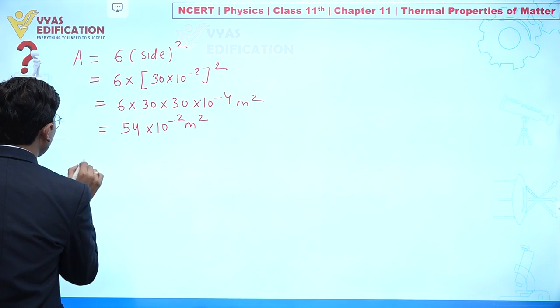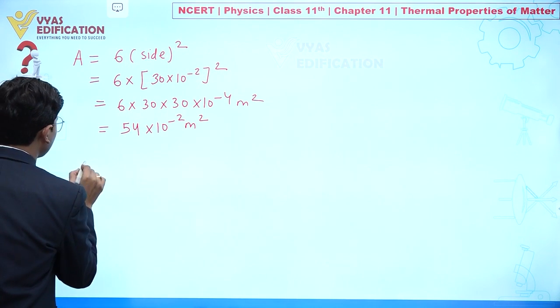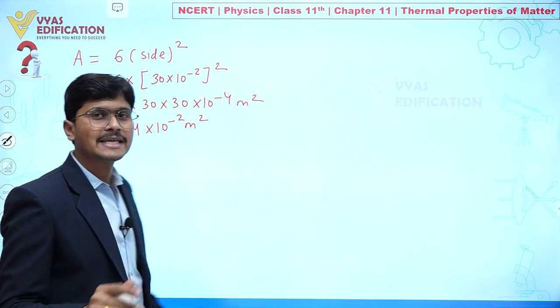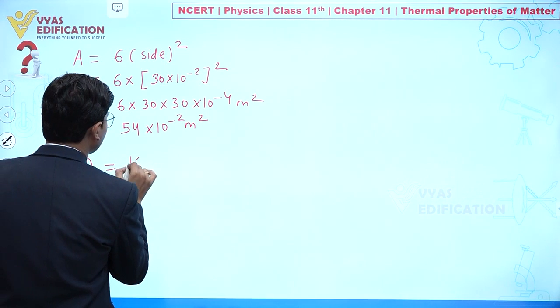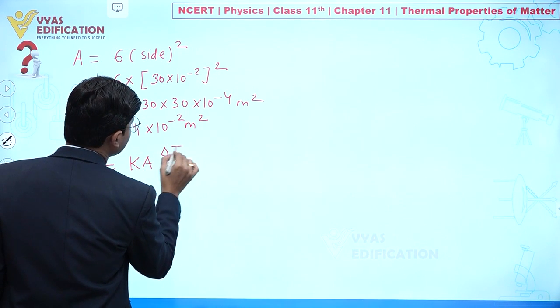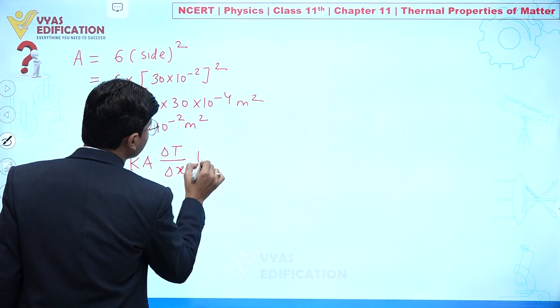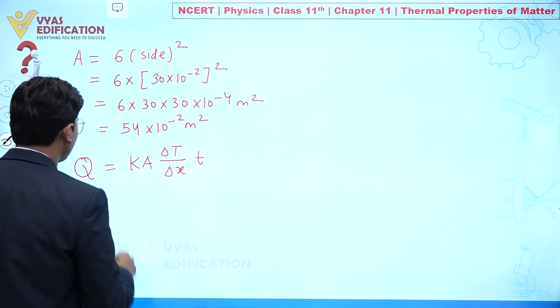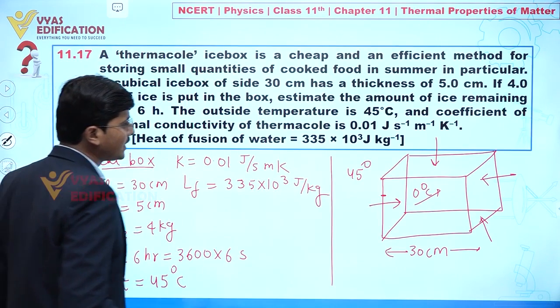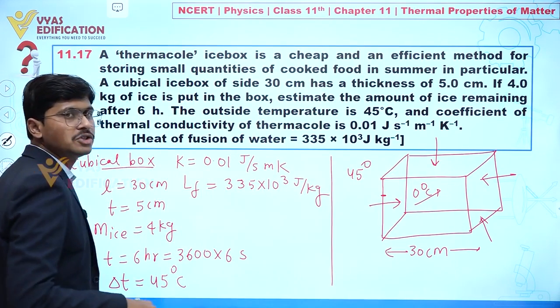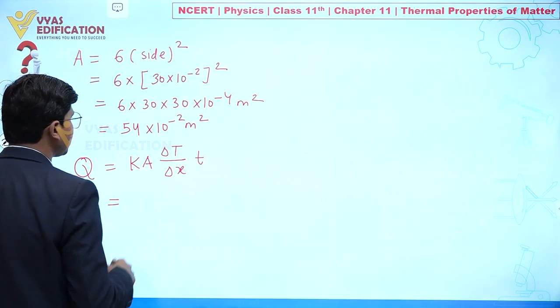So now from here can we find total heat that has entered from all the sides? Yes. So this is given by one formula, K A delta T by delta X, and this is multiplied with time T. From here we can write all values. So what is value of K? Value of K in this question is given to you, 0.01 joule per second per meter per Kelvin.